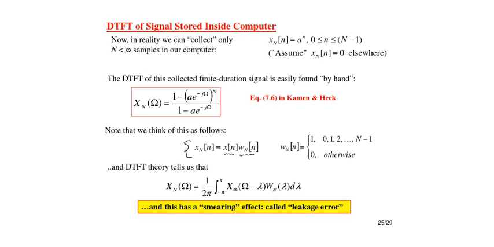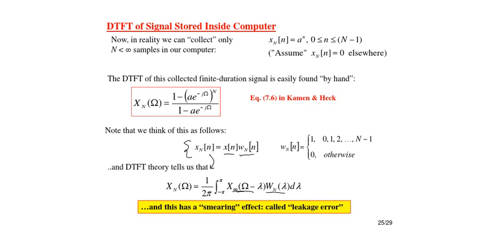So this is the truncated DTFT. Or when you compute it by hand, you can write in this form also, which is nothing but the geometric form. So that is 1 minus a e to the power minus j omega n upon 1 minus a e to the power minus j omega.